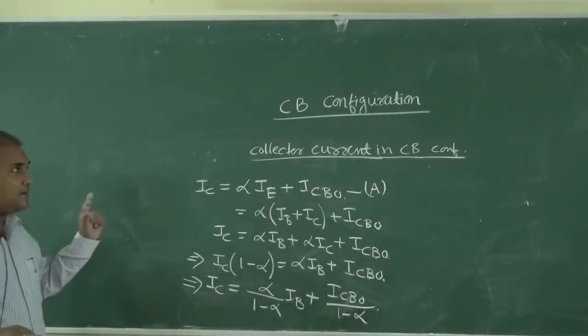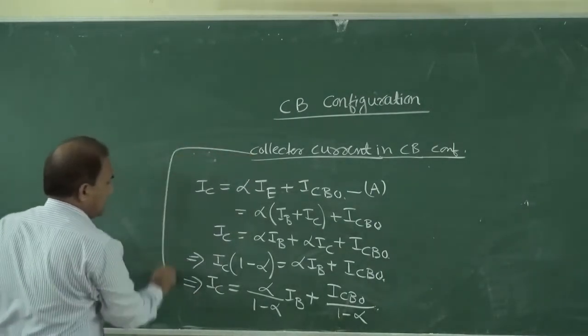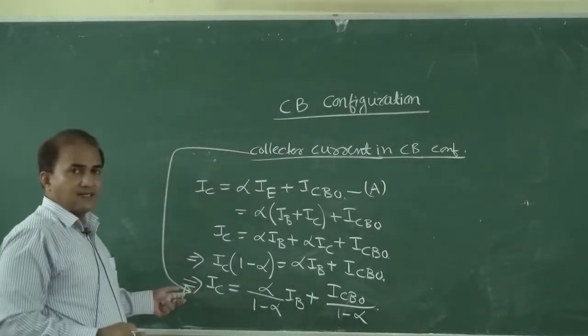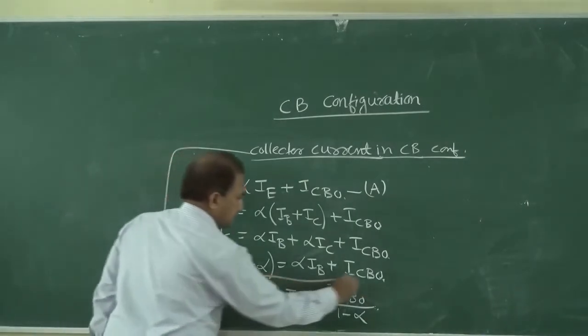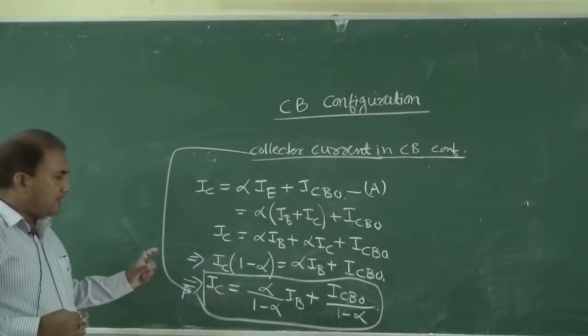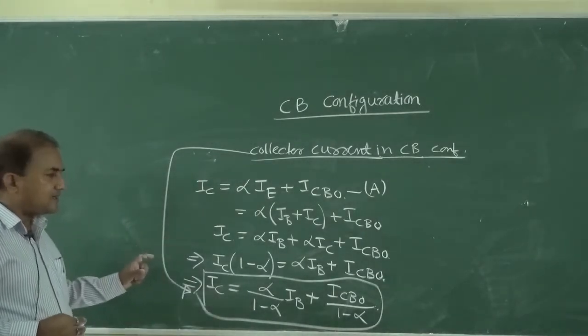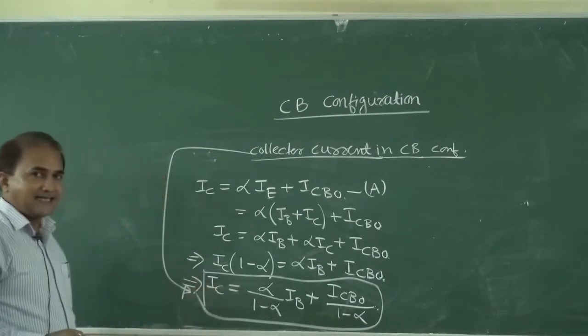So this is the expression for collector current in case of common base configuration. From this expression we can determine the value of IC.